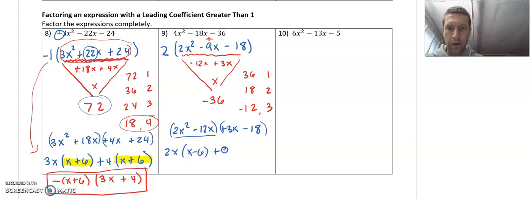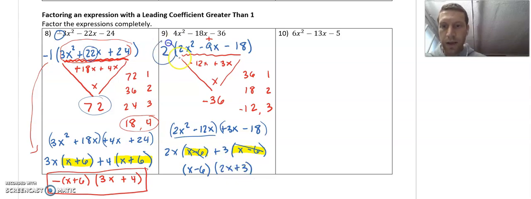I can factor out a positive 3, and I'm left with x minus 6. Notice I have this x minus 6 I can factor out. So x minus 6. So those are gone, and I'm left with 2x plus 3. Don't forget I had this 2 out front, so let's bring that down.